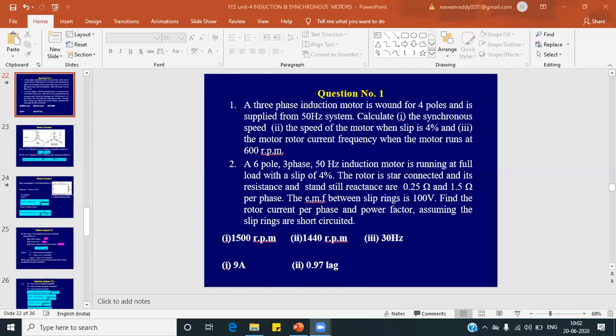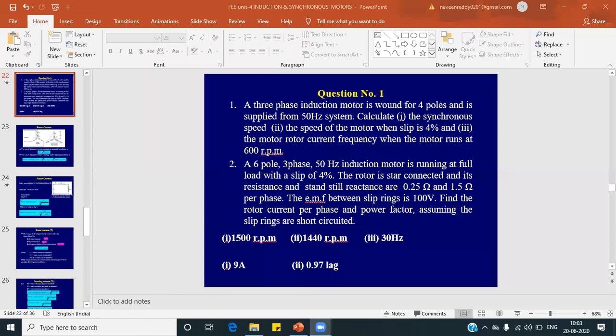In our case, NR is less than NS, and that is the induction motoring mode. If NR is greater than NS, that means the rotor speed is greater than synchronous speed, then it is known as an induction generator. If NR is opposite to NS, that is the braking mode.